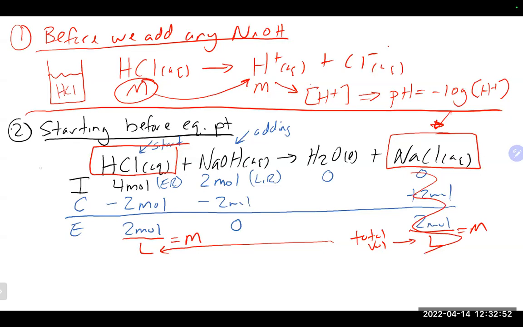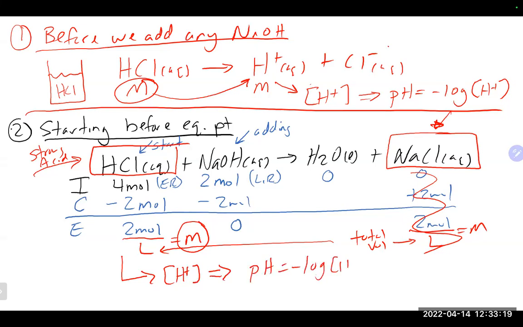The only thing we are left with is this HCl, which is a strong acid, and that is what's going to make the pH at this point. The good news is we have the molarity of our strong acid, which means that is most likely going to be your H plus concentration. And then you could go right into your pH equation.